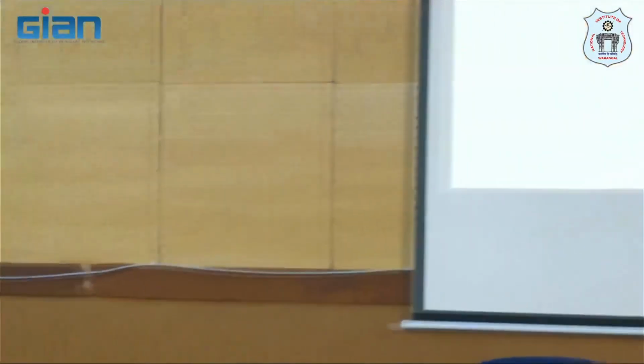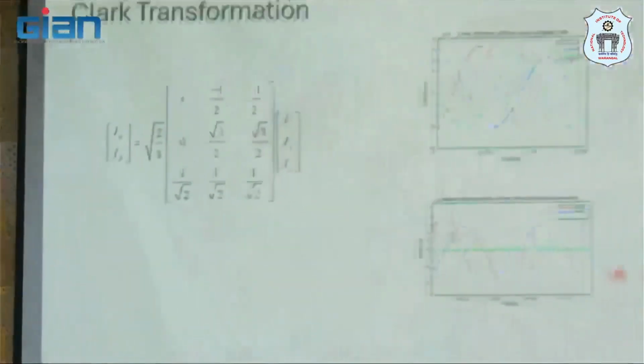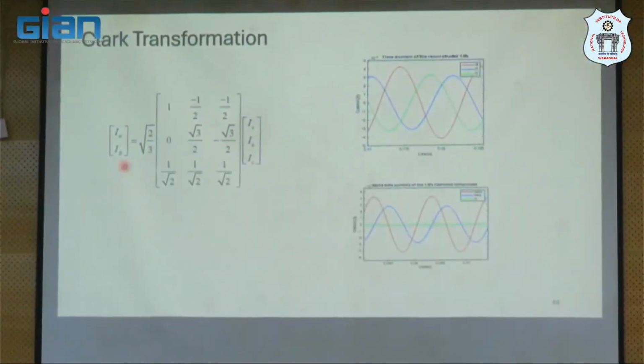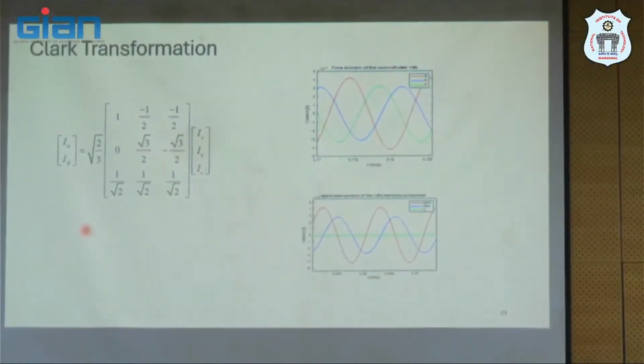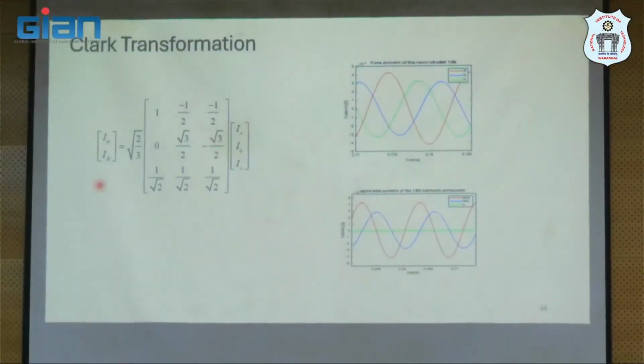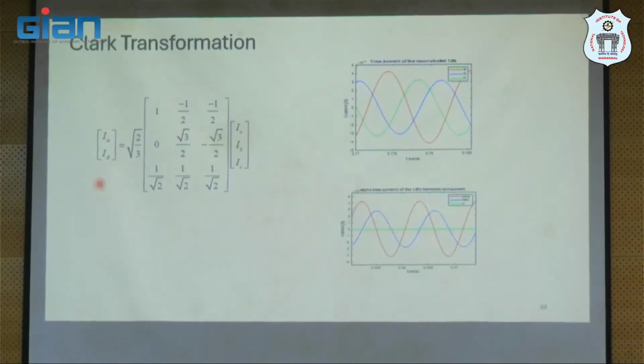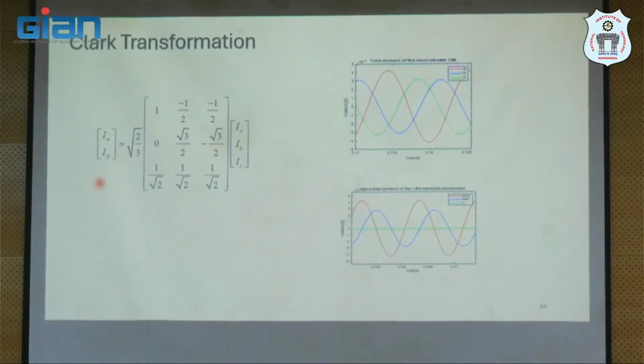So the principal component analysis will be done on the alpha and beta vectors. My alpha and beta are the feature data set, basically. So I am going to use them to carry out my principal component analysis. I measured line currents, transformed them into the alpha beta domain, and I am using I alpha and I beta to carry out principal component analysis.